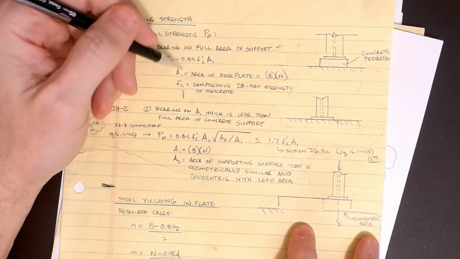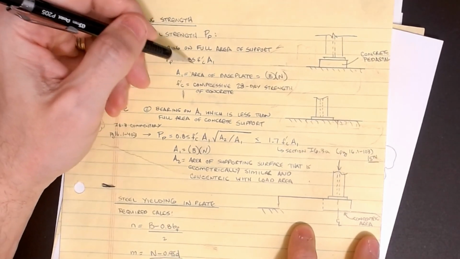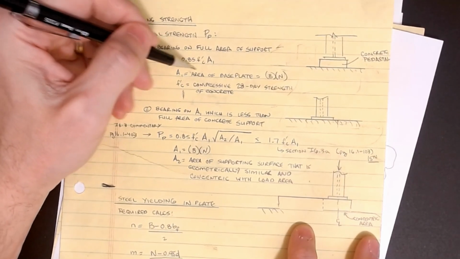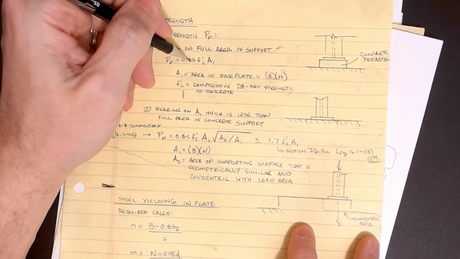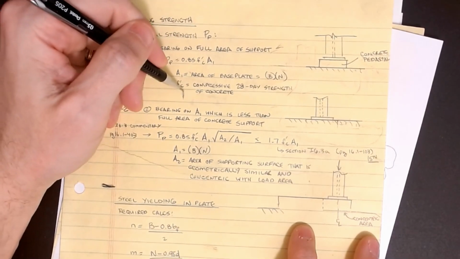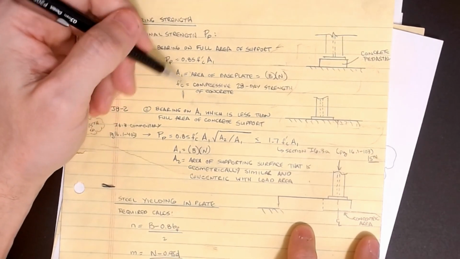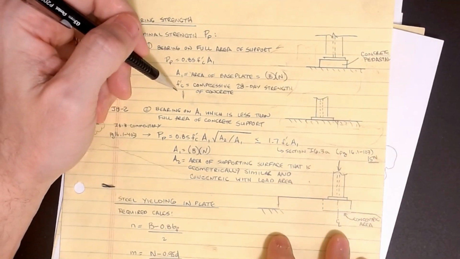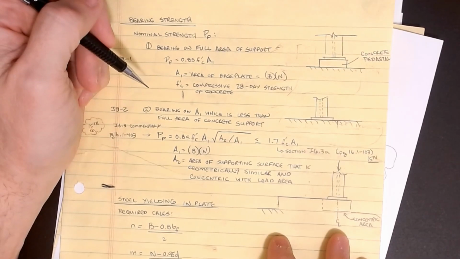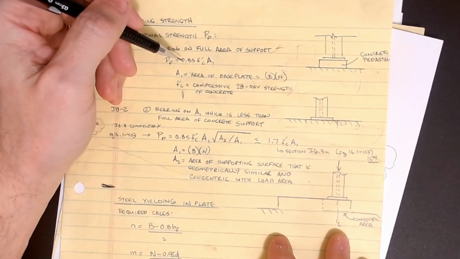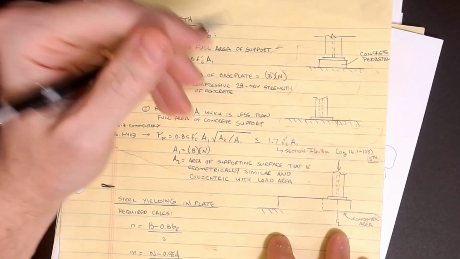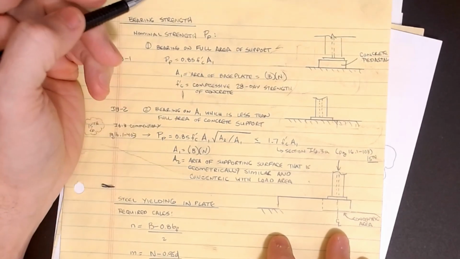In fact, if you do the Whitney stress block, you will see this combination used over and over, 0.85 f'c. That's just an allowable compressive stress that the concrete can take. f'c is the 28-day strength, which is the main specification for when you place an order for concrete. And we're going to take 85% of that value as the allowable stress. A1 is the area of the base plate, so that's my capital B times my capital N.